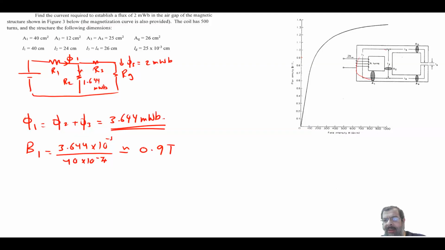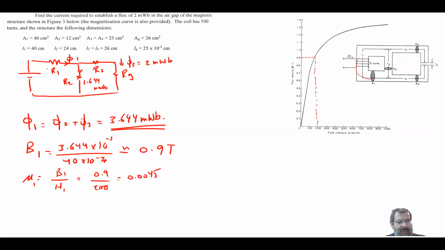So 0.9, you come here. You are still in the nonlinear region a little bit. So you go down here. It's around 200. So basically mu1 is equal to B1 over H1, which is 0.9 over 200. And this will give me 0.0045.